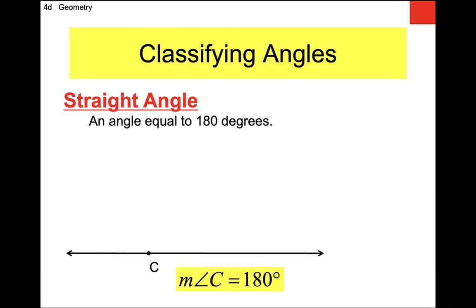So we call this a straight angle. Believe it or not, this angle measurement of a ray, a line, or a segment is used quite often. In fact, tonight for homework, there are going to be multiple questions where you need to use the fact that a straight line, ray, or segment has an angle measurement of 180 degrees to get to an answer. You'll see when you do the homework.